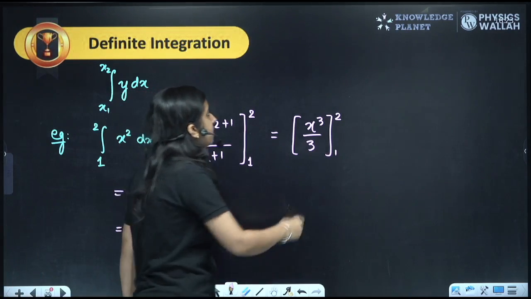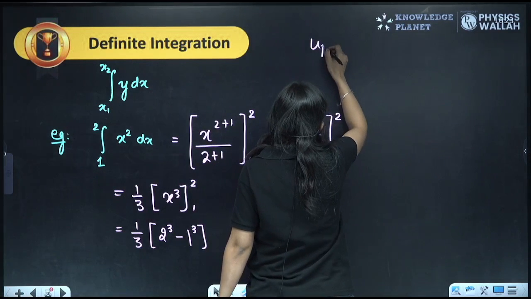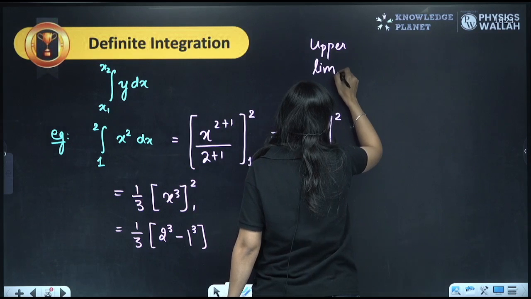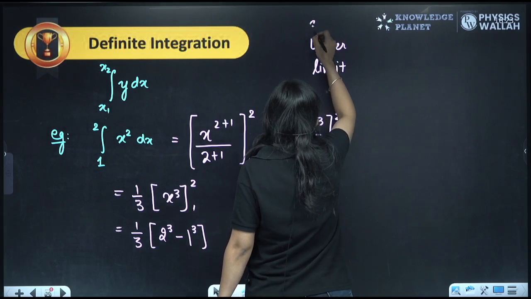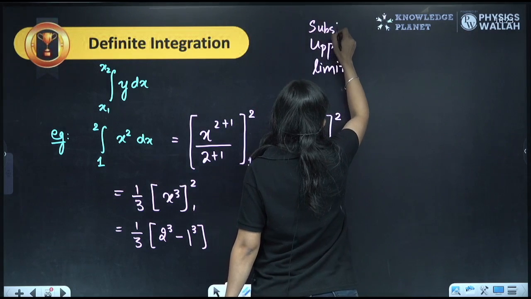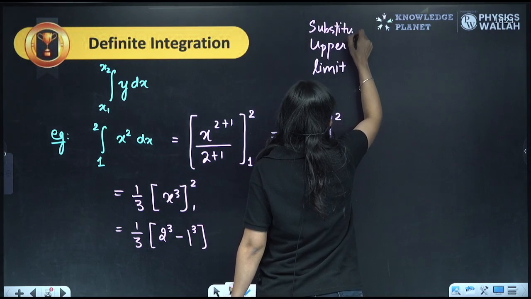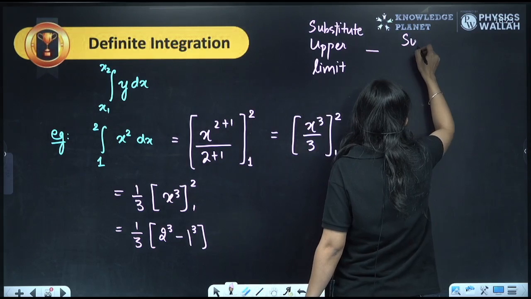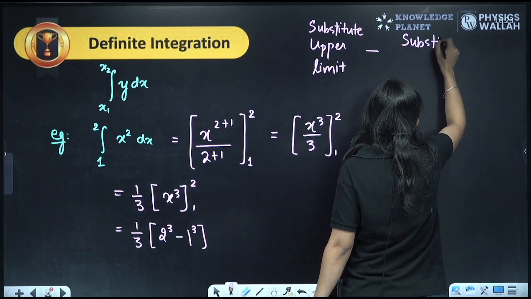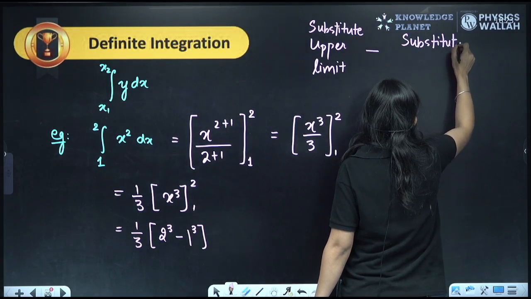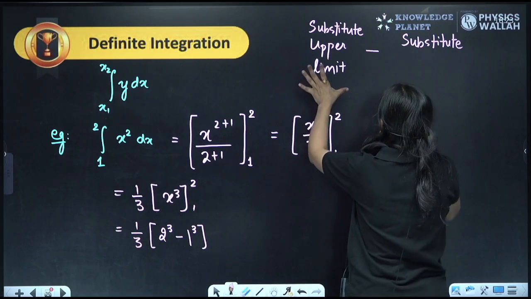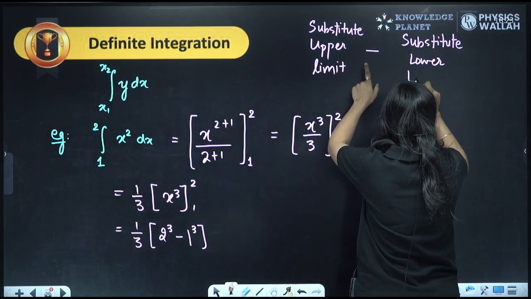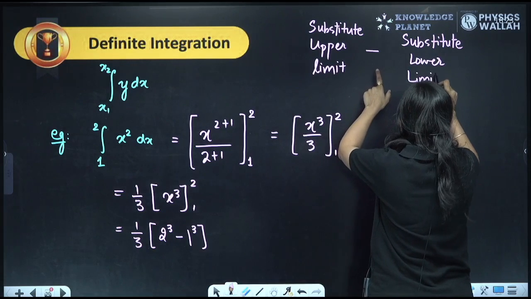So always put the upper limit first. First integrate, then substitute the upper limit, then put a minus sign, then substitute the lower limit.